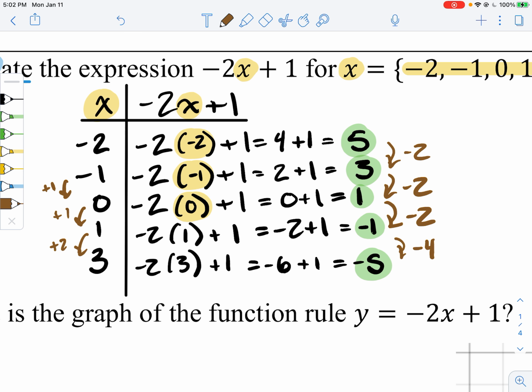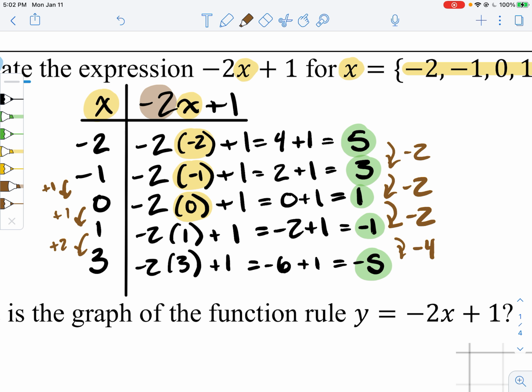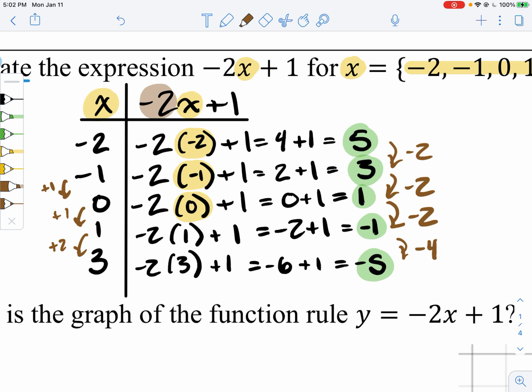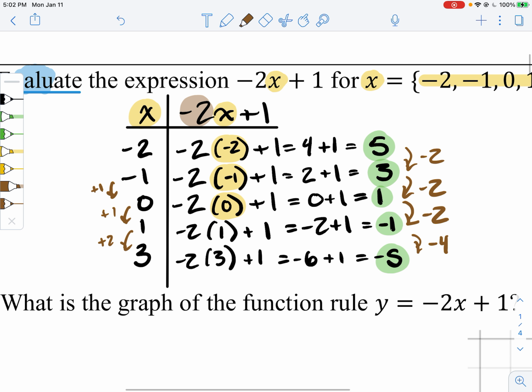The fact that this changes by minus 2 for each time x changes, and the fact that this is a negative 2 is no accident. But we will dive more into that at a later date. Just be looking for patterns like that. Okay, it's not important right now.